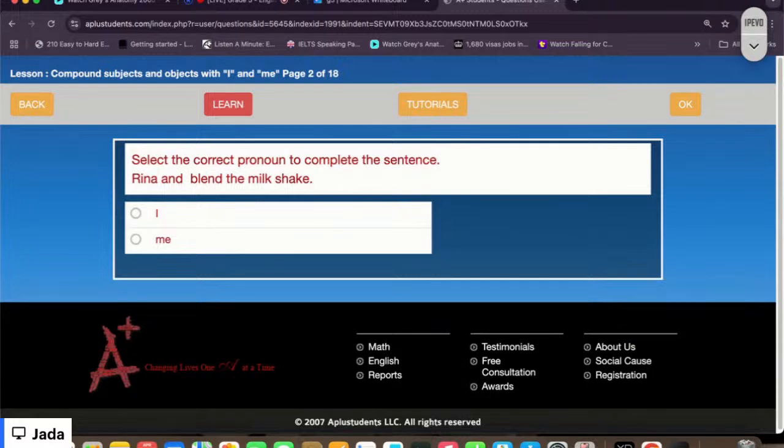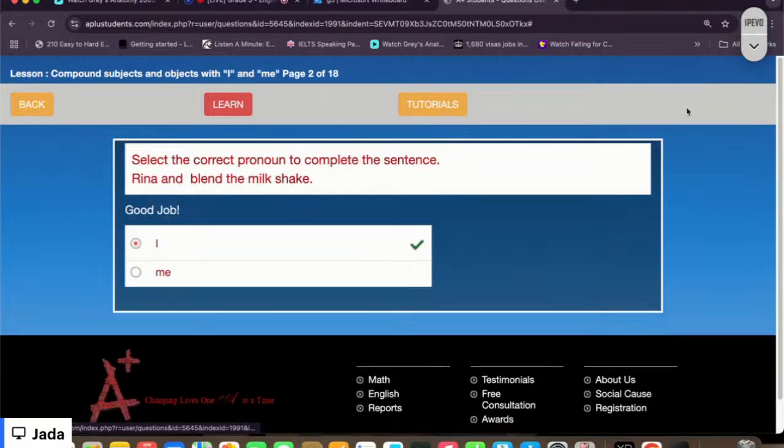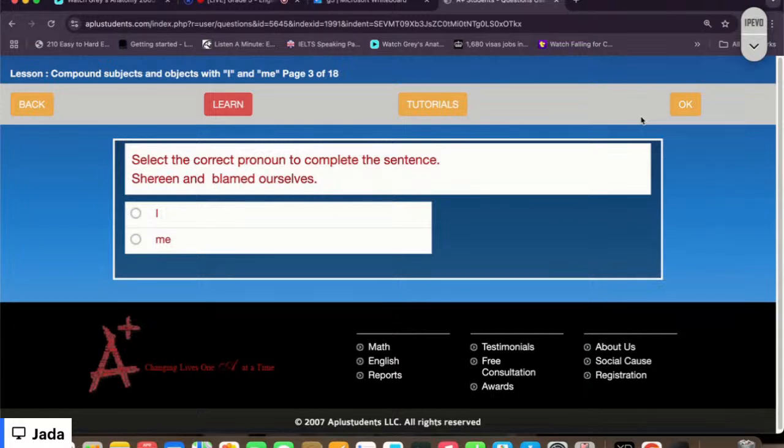All right, so Rena and I blend the milkshake. If you take away Rena and you say I blend the milkshake, then I is the right one there. Shireen and dash blamed ourselves. So I or me?